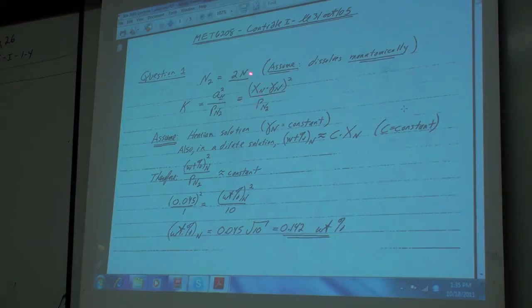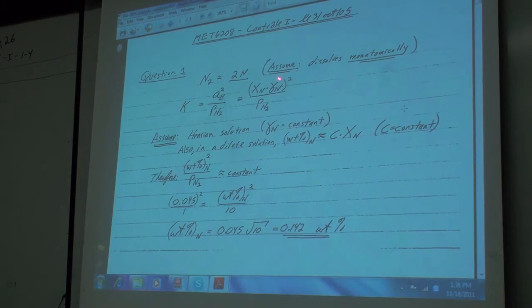Alright, so it's the mole fraction of nitrogen times gamma nitrogen, squared, over PN2. Assuming a Henrian solution, gamma nitrogen is constant. Also in a dilute solution, the weight percent is approximately a linear function of the mole percent. If you put in something that's almost pure iron, then the weight percent is almost a constant times the mole percent, right?